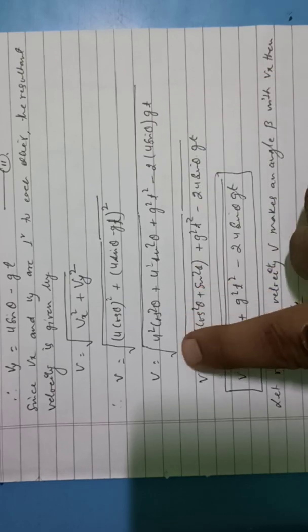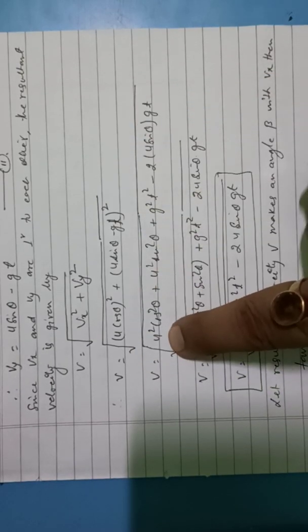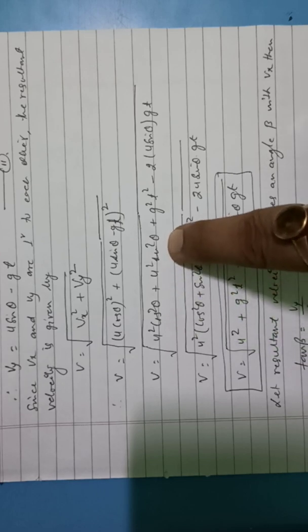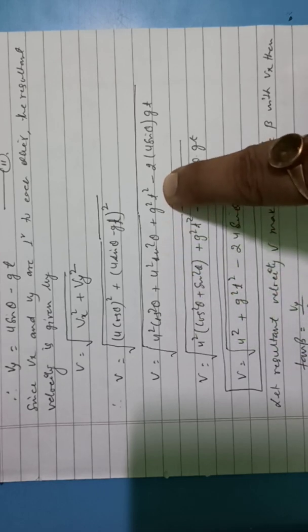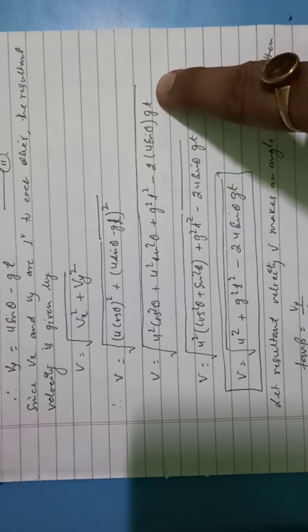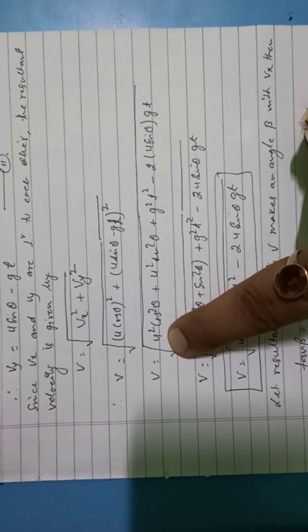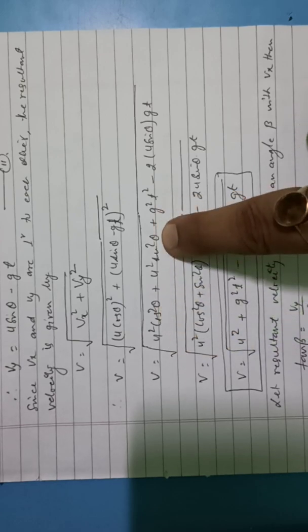Is it clear? Now we write V is equal to root under U square cos square theta plus U square sin square theta plus g square t square minus 2U sin theta into gt. Now you see in this equation, U square is taken common, then cos square theta plus sin square theta is equal to 1. All of you know that.